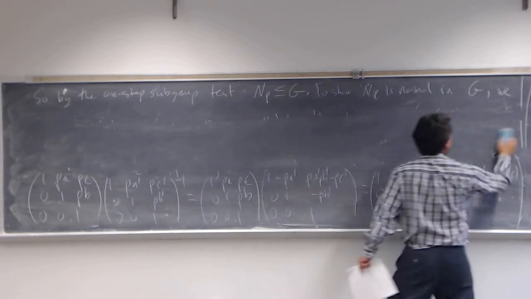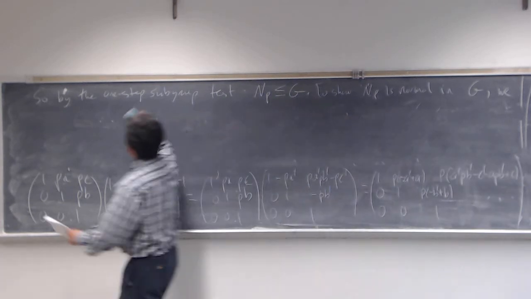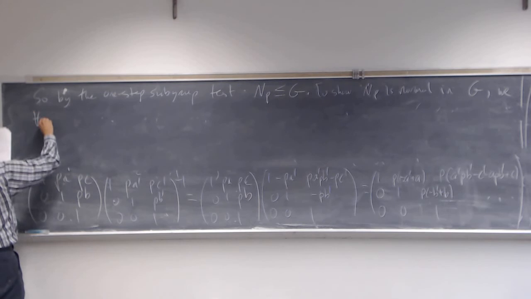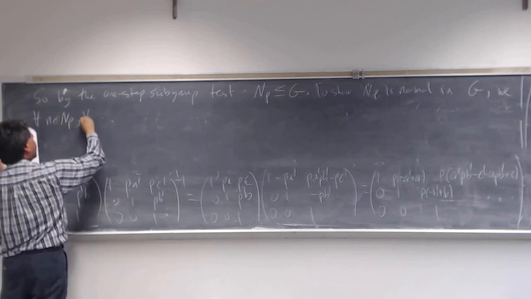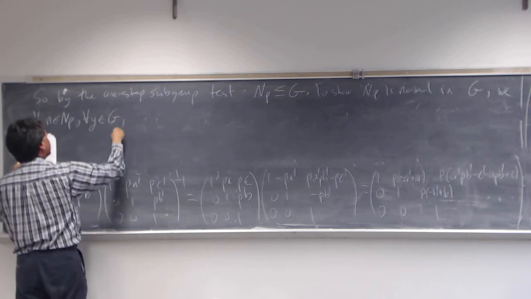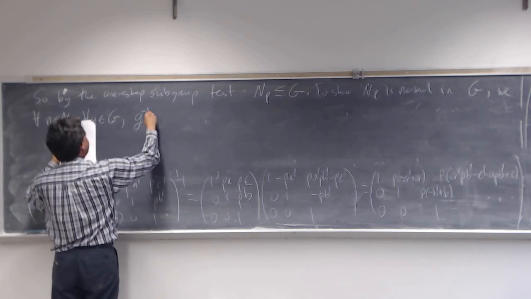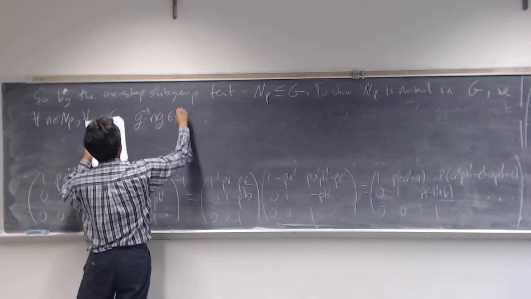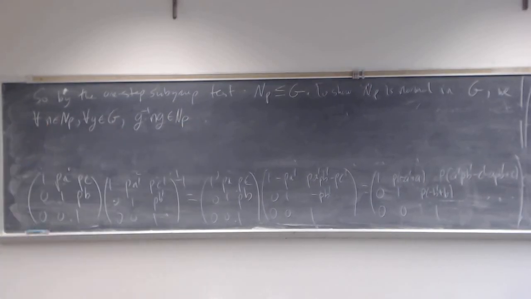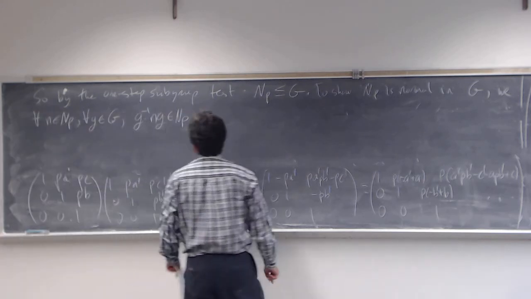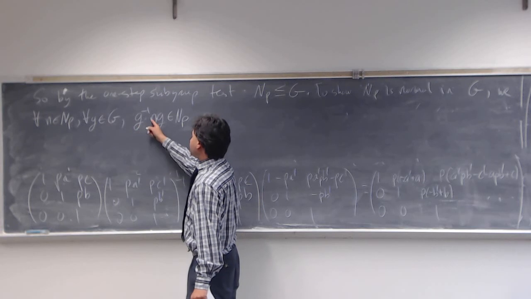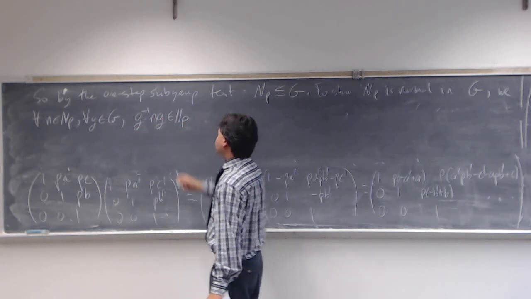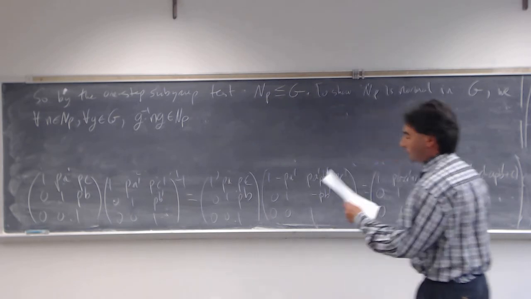Well, let me just say element-wise, and then we'll go to the matrix. Element-wise, we need to show for all n in N of P, for all g in G, g inverse n g is an element of N of P. Recall, the way to show N of P is normal is for all g in G, g inverse times the set N of P times g has to be contained in N of P. So that's how you show it element-wise.